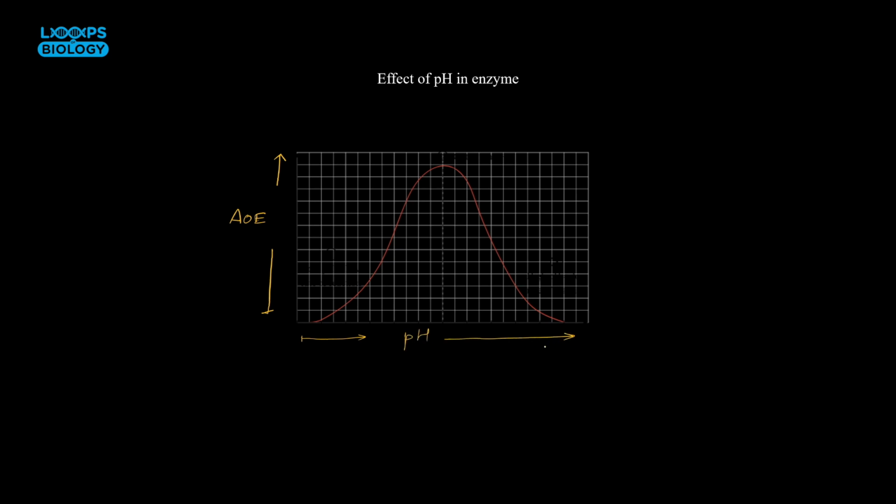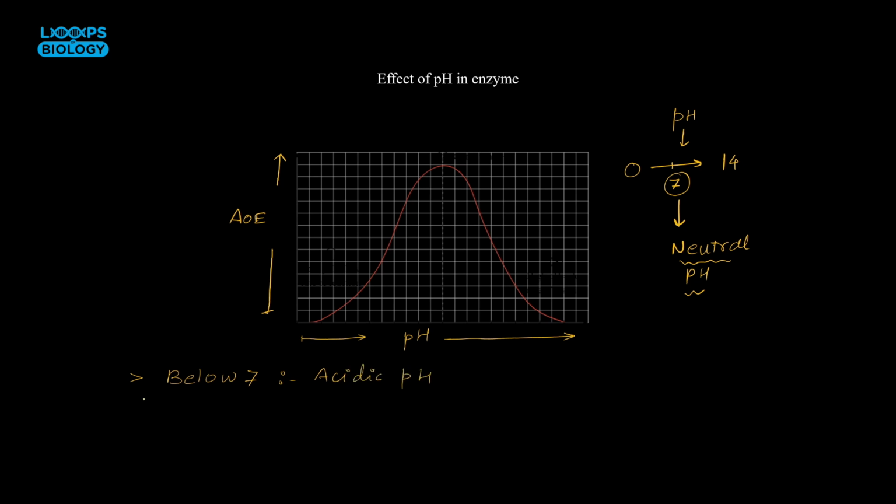If we are talking about the effect of pH on activity of enzyme, the pH scale ranges from 0 to 14, with 7 as my neutral point, neutral pH. Got it? So below 7, there is going to be my acidic pH, while above 7, there is going to be your basic pH.